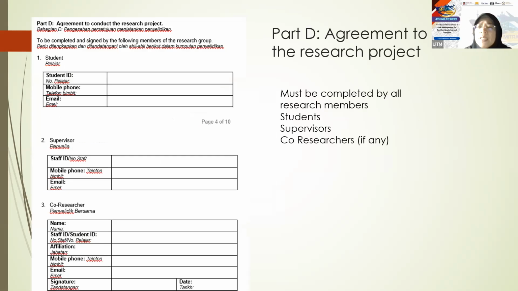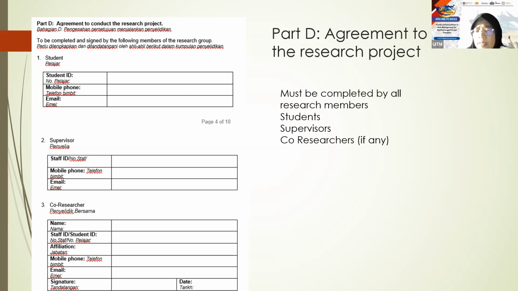Next is the agreement to conduct the research project. This must be completed by all the research members: the student, your supervisors, your co-supervisors, and whoever is involved in that research. Mainly for us in MITRANS, for a master's, I think the most number of research members is 3: the student, main supervisor, and co-supervisor.